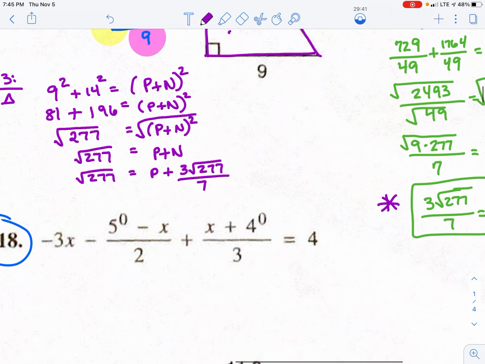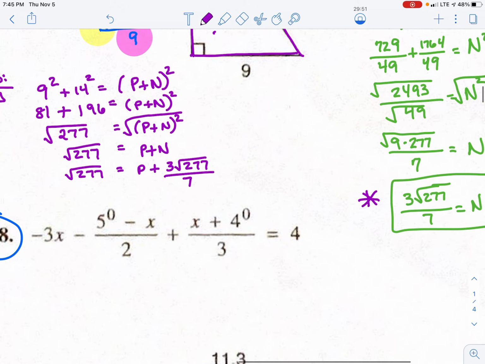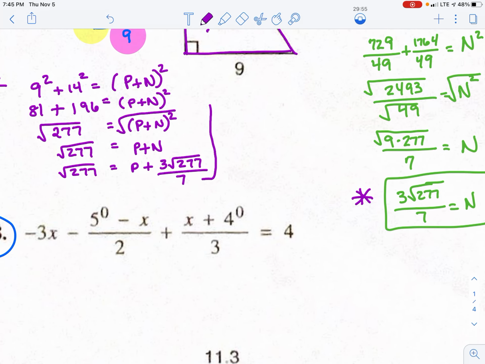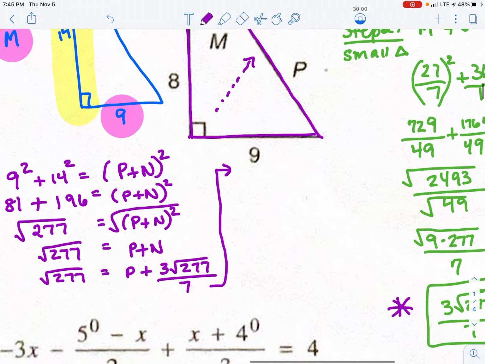Actually, I'm going to come up here and finish it because I don't want to run into that problem below there. Okay, but I'm going to flip this thing around so p is going to be on the left-hand side. I'm just going to turn the whole equation around.